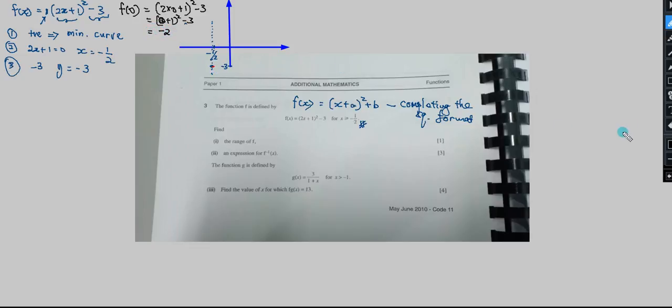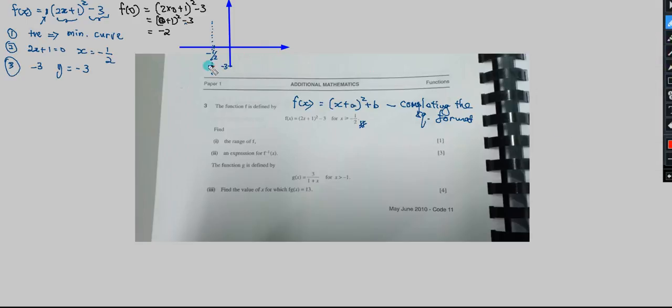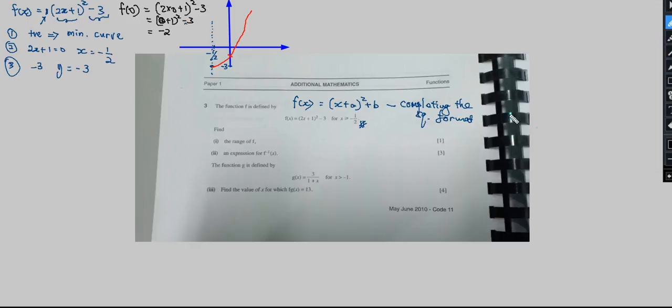Therefore, if you want to sketch the curve, it'll be like that. It passes through this point here, which is equal to minus 2, the y-intercept.